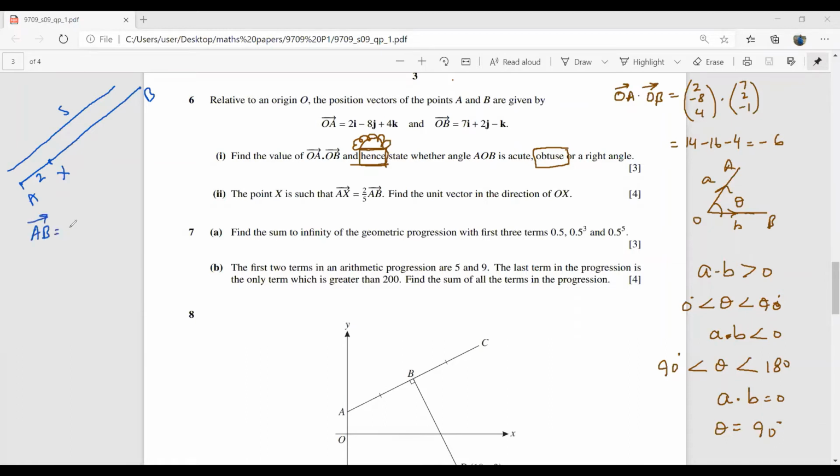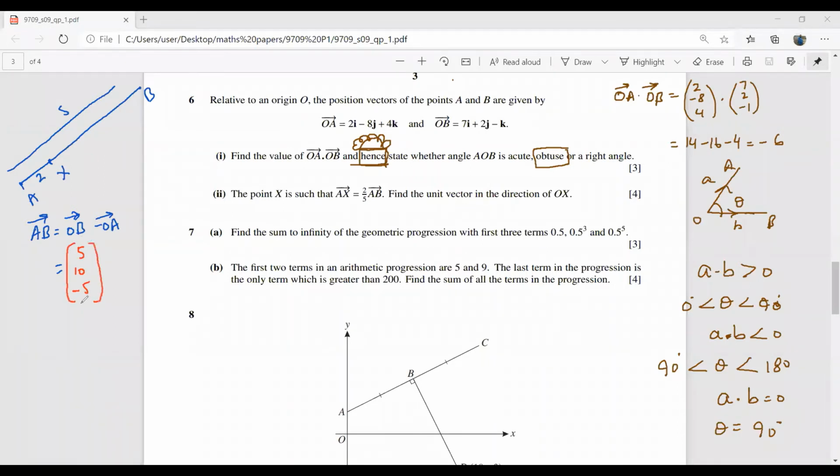This AB is going to be OB minus OA. So that is going to be, OB is 7, 2, minus 1. So this is 7 minus 2 is 5. 2 minus minus 8 is 10. Minus 1 minus 4 is minus 5. This is your AB.